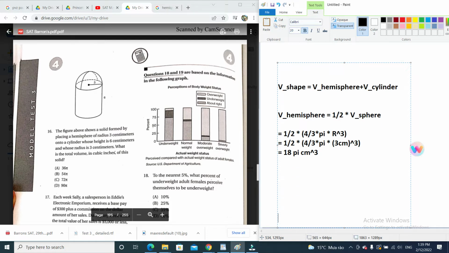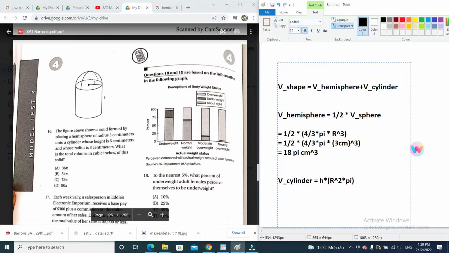And now we have to calculate the volume of the cylinder. So the volume of the cylinder is going to be h times the area of the base. The base is a circle, so its area is the square of the radius times pi, right?